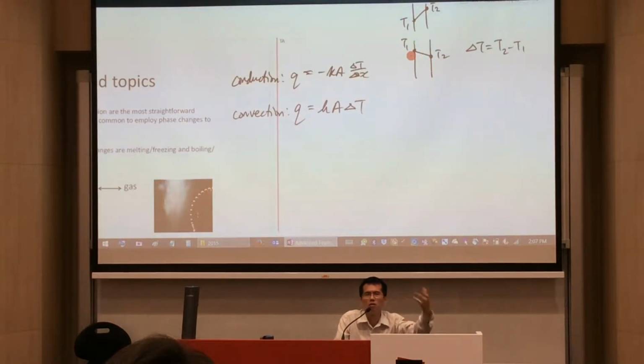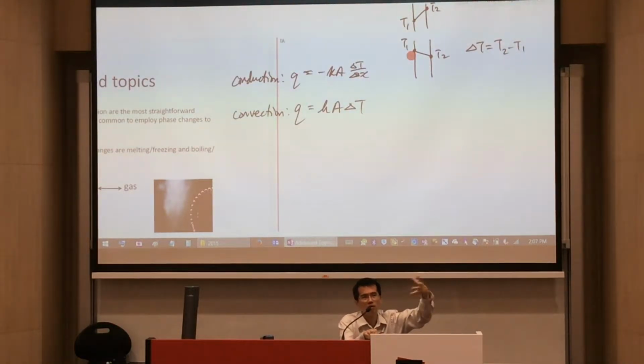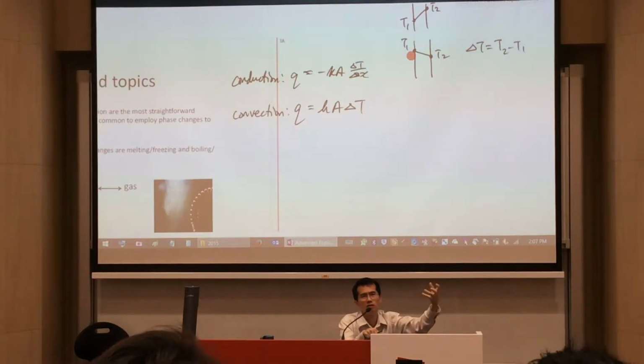Usually you have a hot object, and then you want to cool it down in an ambient temperature. So in a way, your delta T is more or less fixed. We say that we want the hotter side to be hotter, the cooler side to be cooler, so that you get a large delta T. But the hotter side is your hot object. You wouldn't want the hot object to go any hotter.